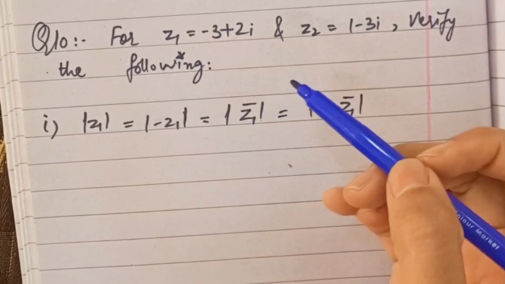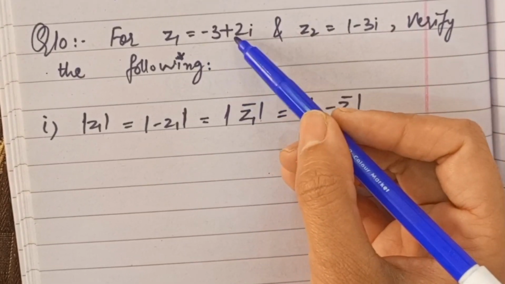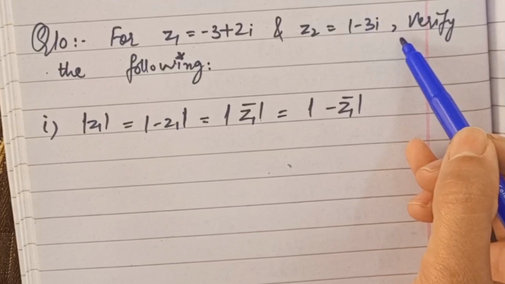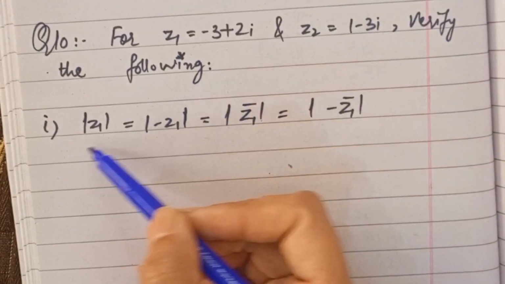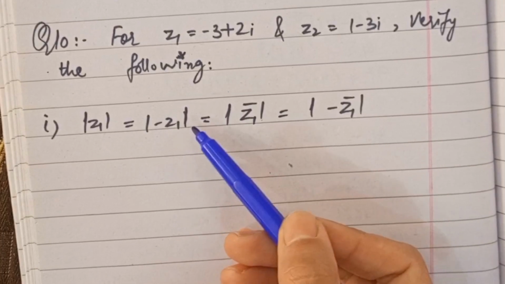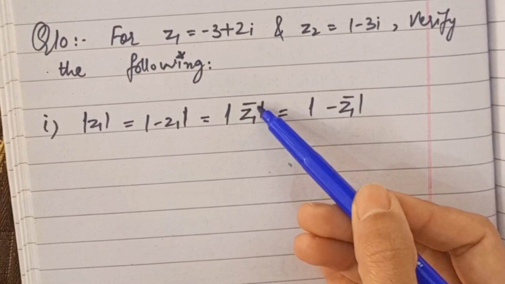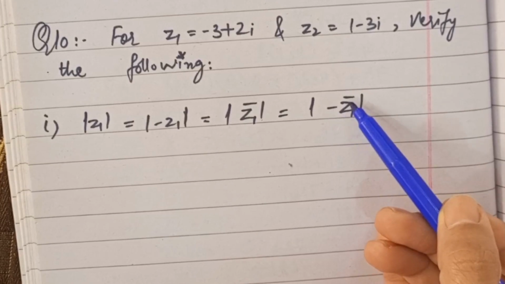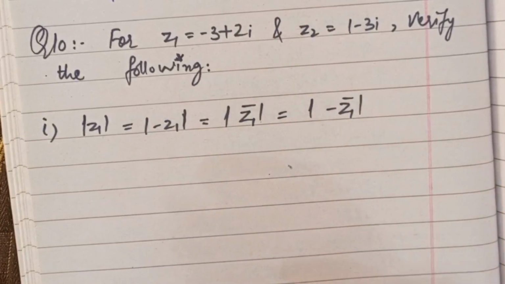Okay. Question number 10 is for z1 equals to -3 plus 2 iota and z2 equals to 1 minus 3 iota. Verify the following. The first one is mod of z1 equals to mod of minus z1 equals to mod of conjugate of z1 equals to mod of minus conjugate of z1.